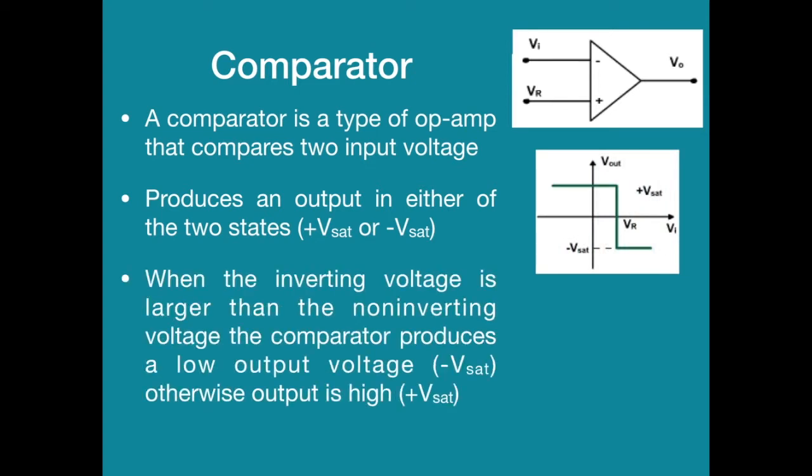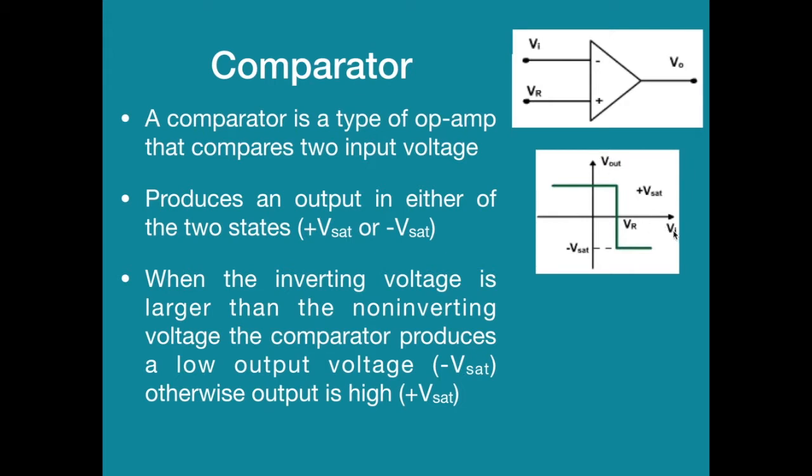And it basically depends on the amplitude of the inverting voltage compared to non-inverting voltage. So whenever inverting voltage input is larger than non-inverting voltage, then it goes to minus V saturation, otherwise it goes to plus V saturation. You can see here this graph is plotted between Vi and Vout.